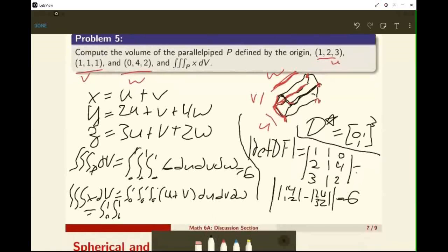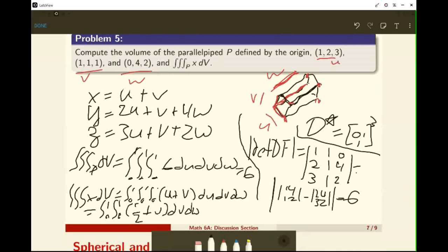When we do the u integral, we're going to get a half u squared plus uv evaluated at 0 and 1. And so 1/2 of 1 squared plus 1 times v is going to be our new integral.